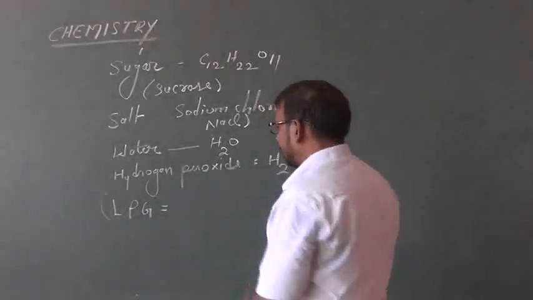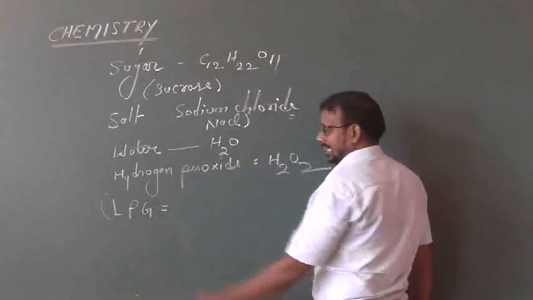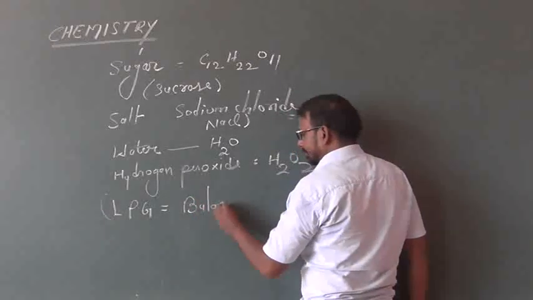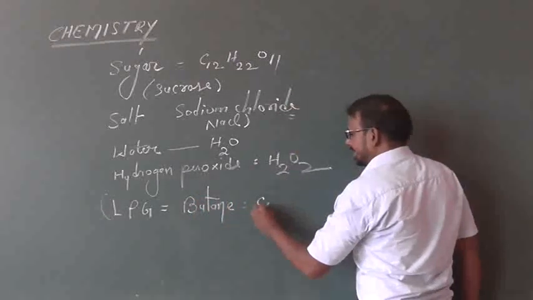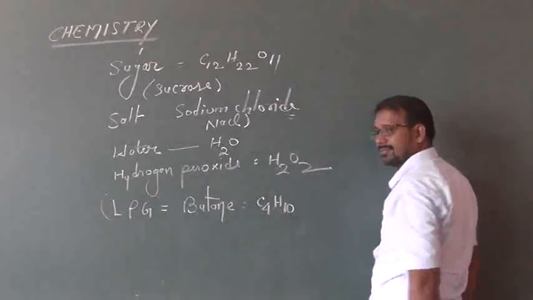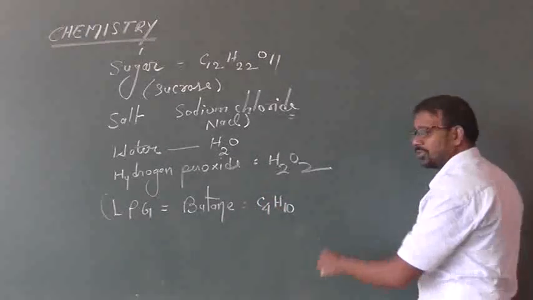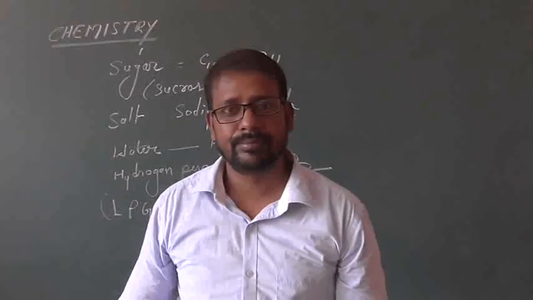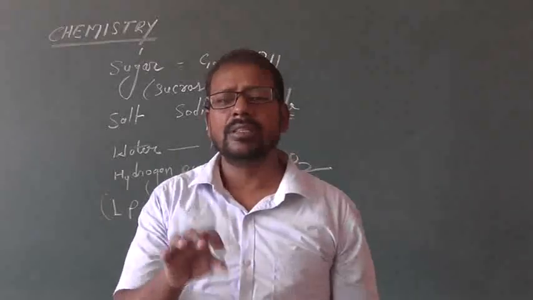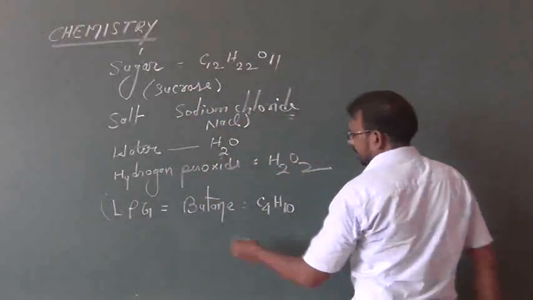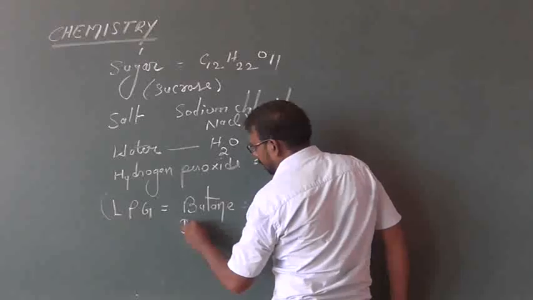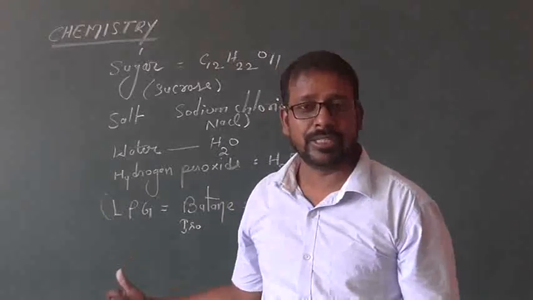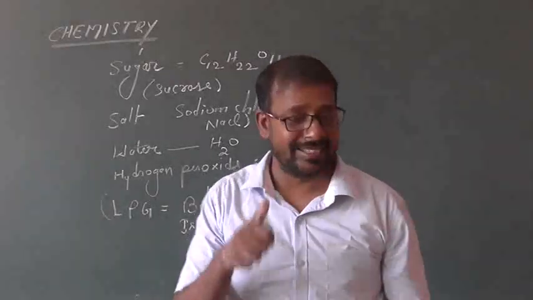This gas is used in the gas cylinder, and its name is butane. The formula is C4H10. There is no need to write the structure formula. Actually it is not the normal butane, it is isobutane. Isobutane is used in our LPG gas cylinder.